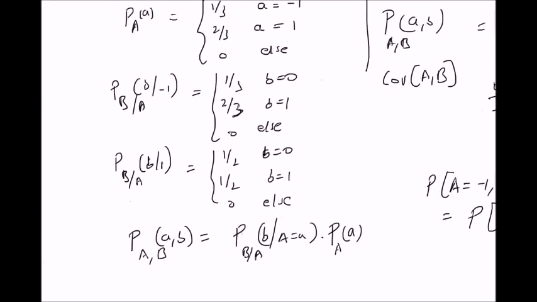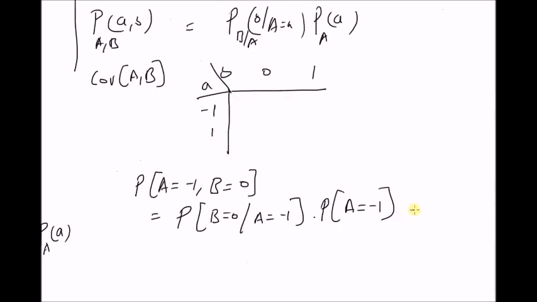The conditional probability is 1/3 and the probability of A equal to -1 is 1/3. So the product is 1/9. So the first value in the table is 1/9.